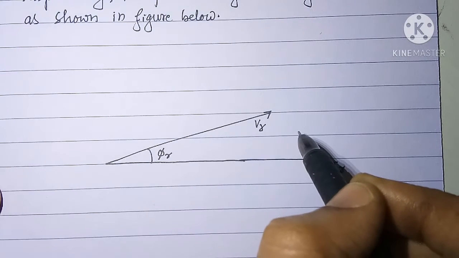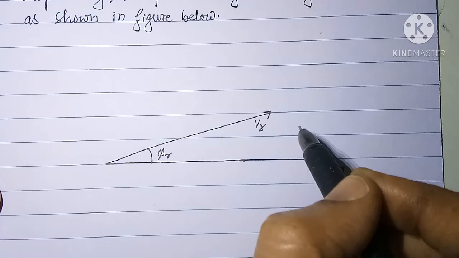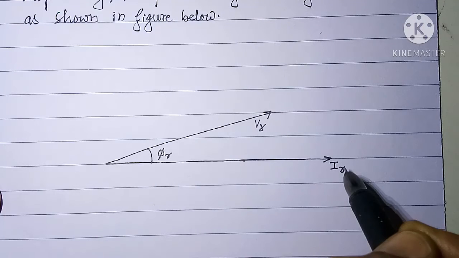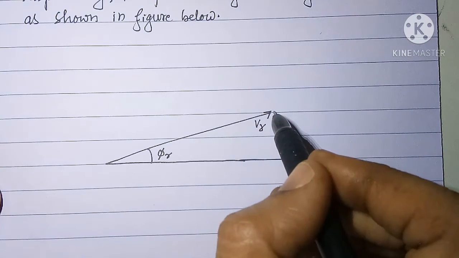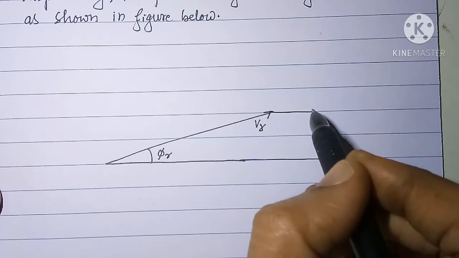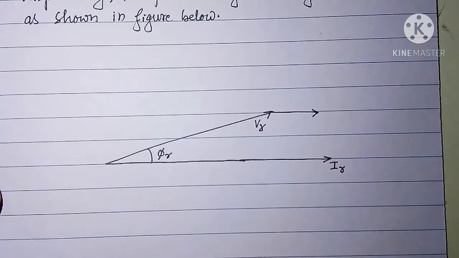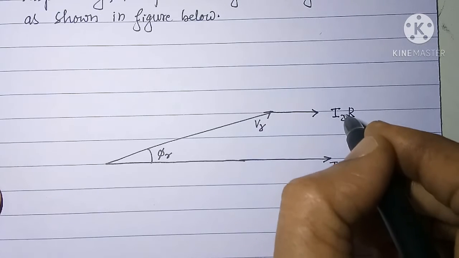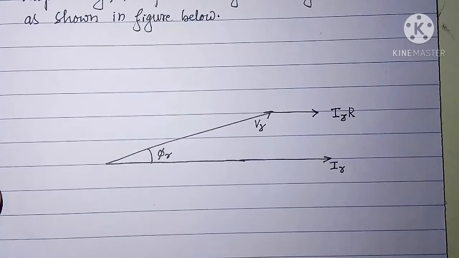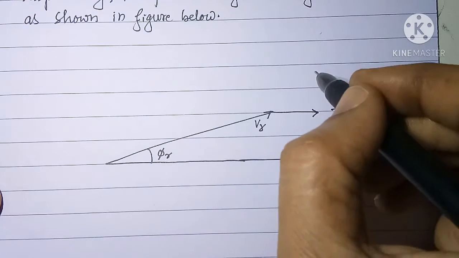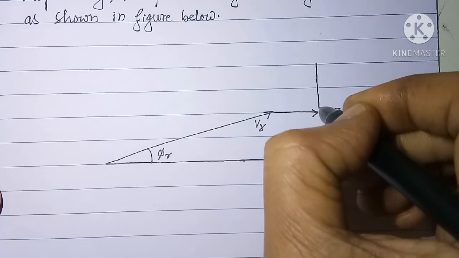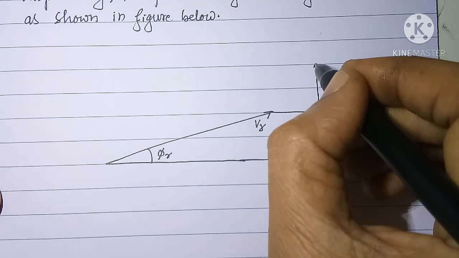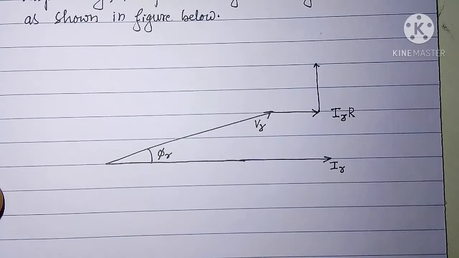IR into R, that is drop in resistance R of the transmission line, is in phase with IR. So you can show that in parallel with IR. So now this is IR into R. And the drop in inductance is at 90 degree to IR.